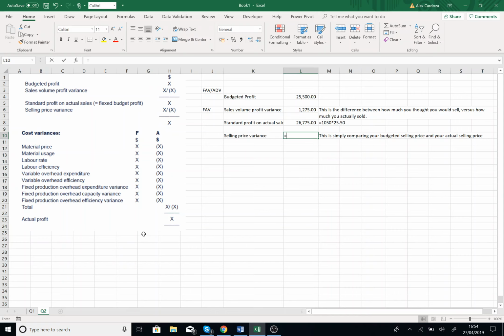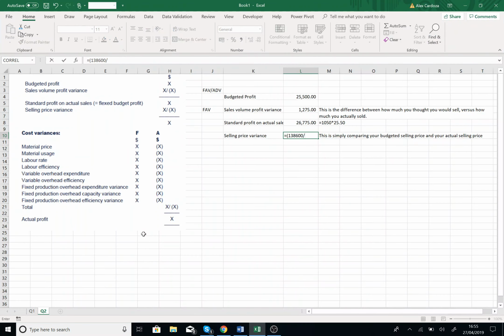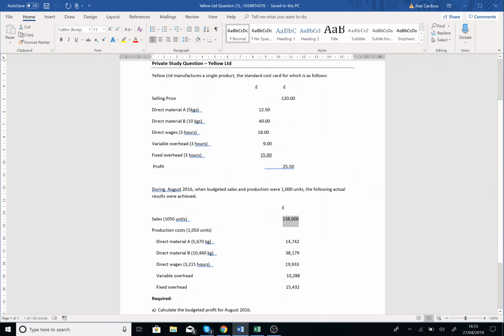Yeah, it's basic algebra. So let's see what our selling price is. 138,600 divided by 1050. So we've got 132. So our selling price is 132, and we budgeted our selling price at 120, okay?